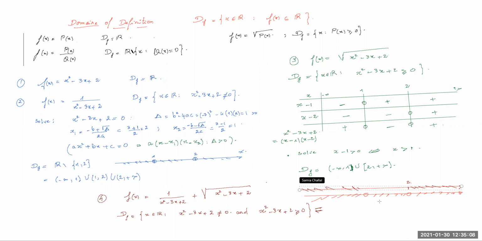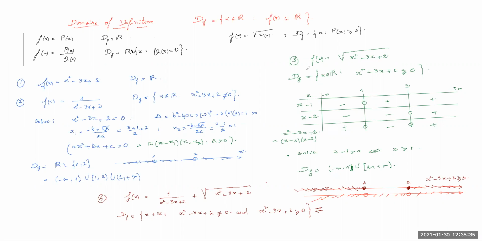So what are my common points? This is what I want to do here. So 1 and 2 are considered. This is the domain for the first one, for the square root. This is to assure that x squared minus 3x plus 2 is positive or equal to 0.